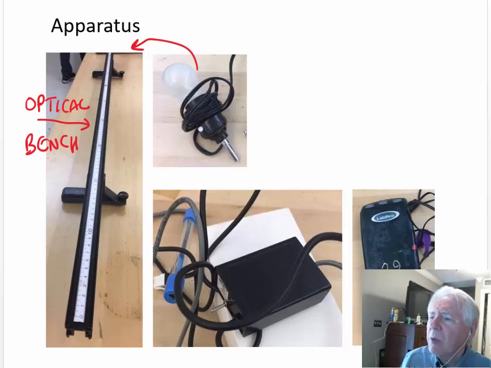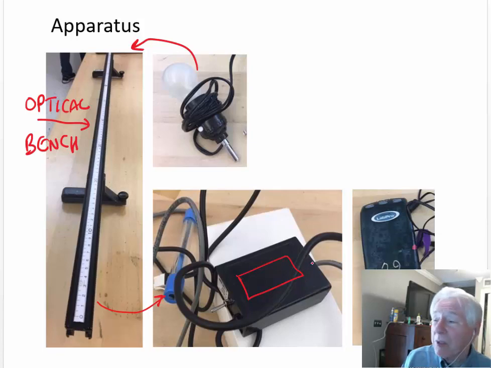And then at the other end, we're going to put a detector. This is a photocell, basically a little light detecting chip, a semiconductor. And it's connected to an amplifier, which then sends it through to our system.